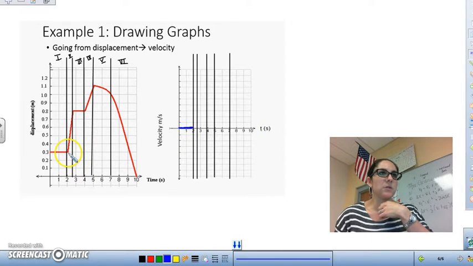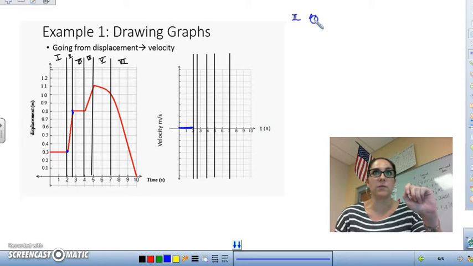Check this out. This is now moving because we change our position. We go from 0.3 to 0.8. So let's do section 2, and we do that in half a second. I'm going to find the slope. Remember, the slope tells me the velocity, so delta x over delta t.